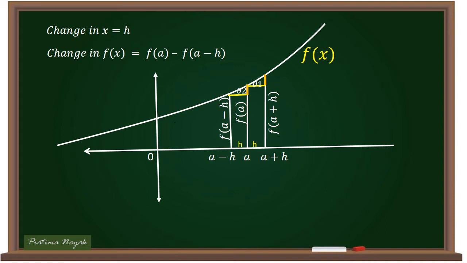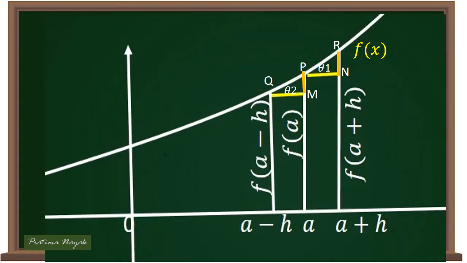So I am just magnifying this figure. So this is the figure magnified. From this figure it is clear that tan theta 1 is equal to RN by PN, and tan theta 2 is equal to PM by QM.